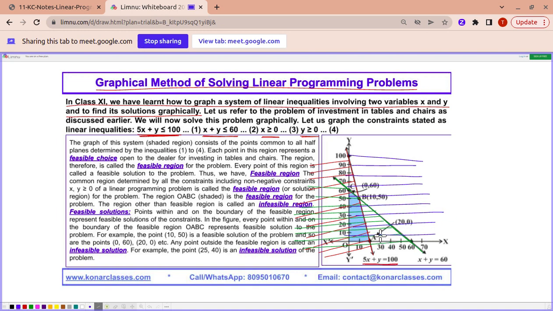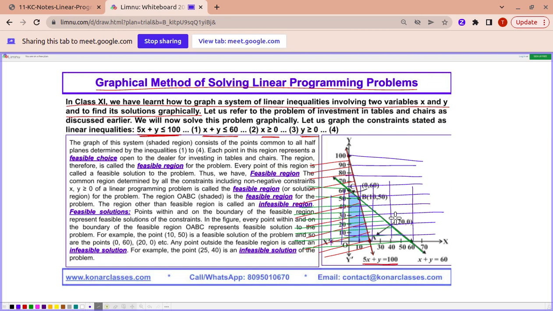And y is greater than or equal to 0 will be this region, correct? So our solution region will be the one common to all these four inequations, which is actually the blue shaded region, if you see, where all these lines intersected and overlapped.